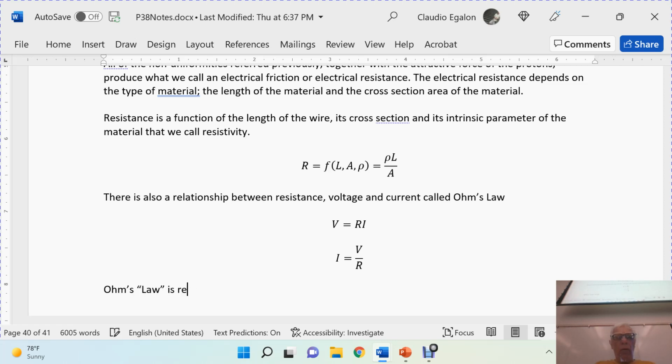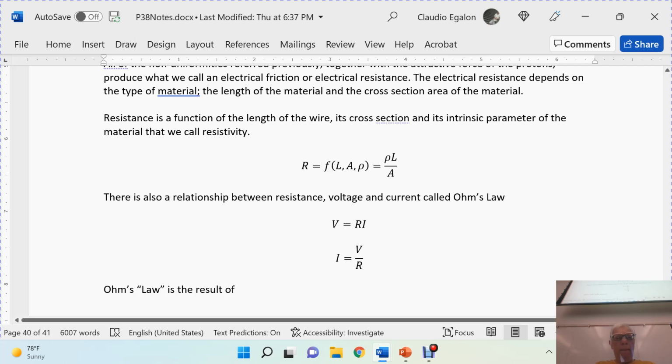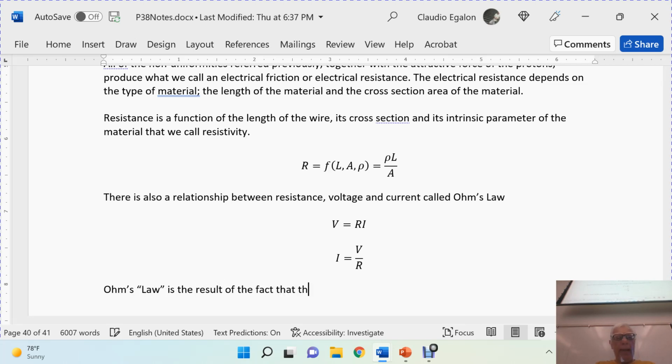It is the result of the fact that the electric field is uniform inside a wire. If the E field were not uniform, then this law, between quotes, would not hold.